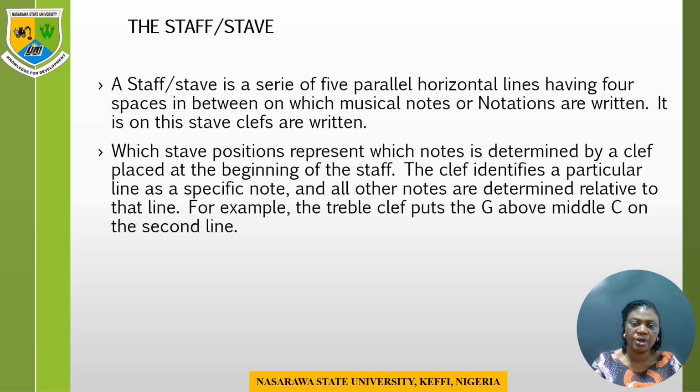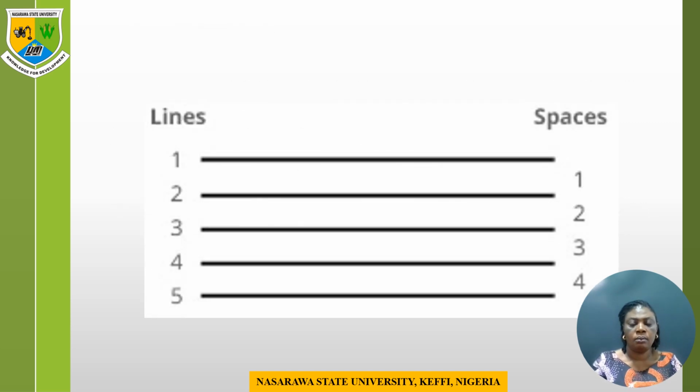For example, the treble clef puts the G above middle C on the second line. This is an example of a staff. We have 5 lines and we have 4 spaces.